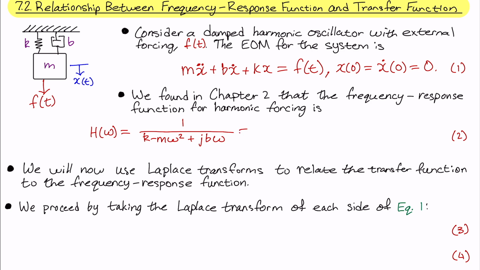And you can expand this into terms using the natural frequency and damping ratio, and you'll get 1 over m in the numerator, and then in the denominator we'll get omega n squared minus omega squared plus 2j times zeta n omega n times omega, where zeta n and omega n are the damping ratio and natural frequency of this oscillator.